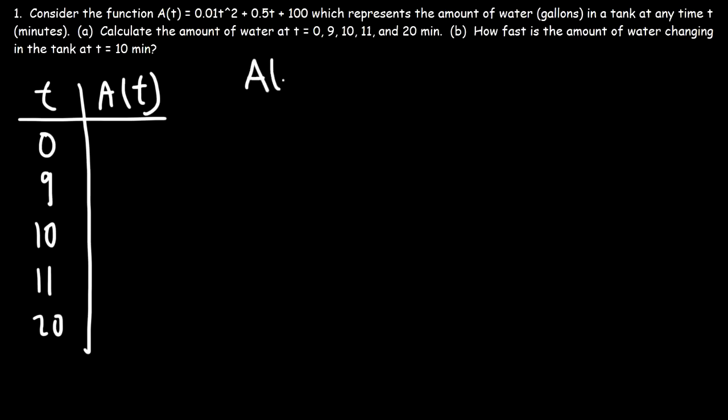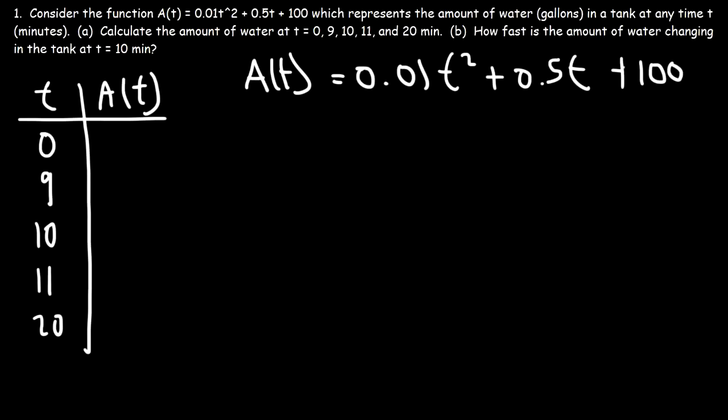And so here is our original function. It's 0.01 t squared plus 0.5 t plus 100. So let's go ahead and plug in 0. If we plug in 0, it's going to give us this value, which is 100. Now, if we plug in 9, it's going to give us 105.31. Now let's plug in 10.